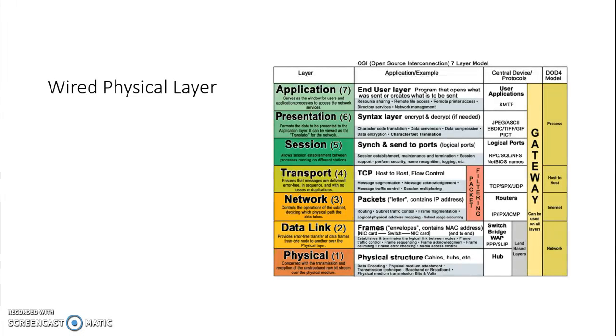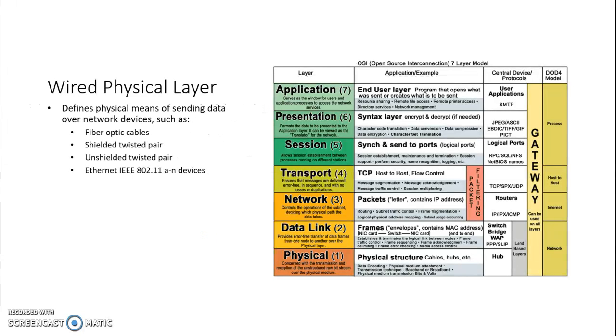Now we'll talk about these layers in reference to wired and wireless networks. So in the wired physical layer, this defines the means of sending data over network devices. Again, using fiber optic cables, shielded twisted pair, unshielded twisted pair, and then you also have what's called the Ethernet IEEE 802.11a through n devices.